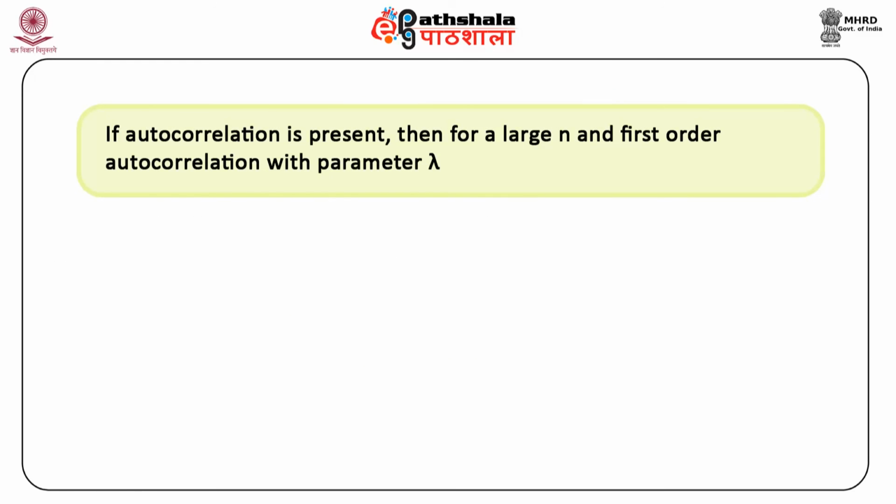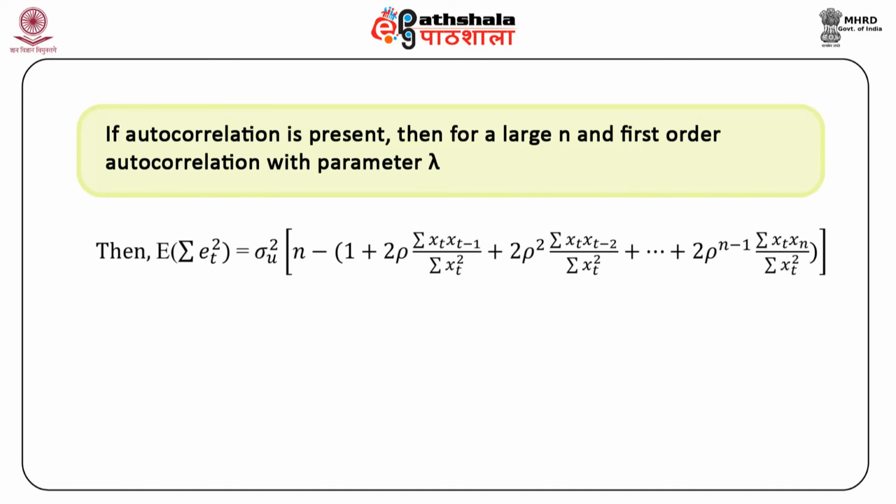But if autocorrelation is present, then for a large n and first order autocorrelation with parameter lambda, the expected value of sigma et squared is equal to sigma u squared into bracket n minus, in small bracket, 1 plus 2 rho sigma xt xt minus 1 upon sigma xt squared plus 2 rho squared sigma xt xt minus 2 upon sigma xt squared, and so on up to 2 rho raised to the power n minus 1 into x1 xn upon sigma xt squared, bracket closed.